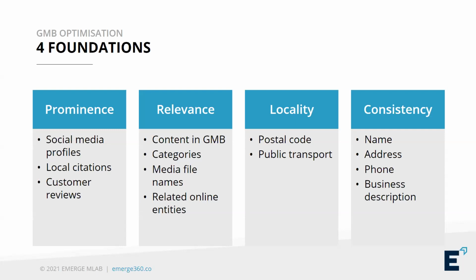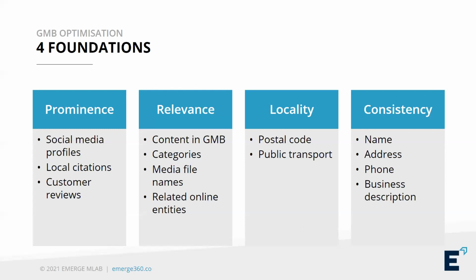Right. The third thing is the locality. Make sure that the postal code that you have actually keyed into your Google My Business account, your GMB, is correct. Right. Make sure that the postal code that you put in the other social media profiles and the online directories are correct. Right.